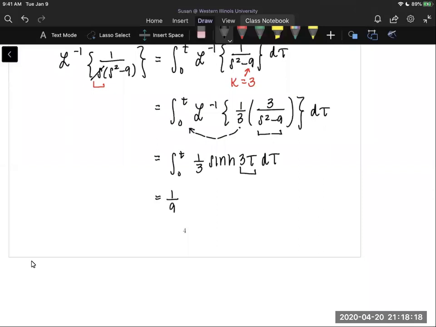And then recall the derivative of cosh is sinh, so the integral of sinh is cosh. So I get cosh, or hyperbolic cosine, of 3 tau, and I want to evaluate this from 0 to t. And so what I get is 1/9 cosh of 3t minus cosh of 0 is 1, so minus 1/9.